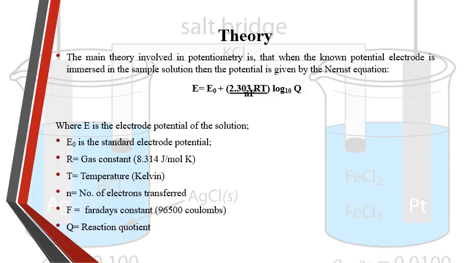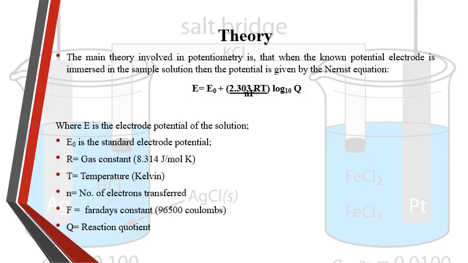This constant represents the charge of 1 mole of electrons. It is used to convert between the energy of the electrons and the voltage in the equation. The reaction quotient, that is Q, is the ratio of the concentration of the products to the reactants in the electrochemical reaction at a given moment. It indicates the direction in which the reaction is proceeding.